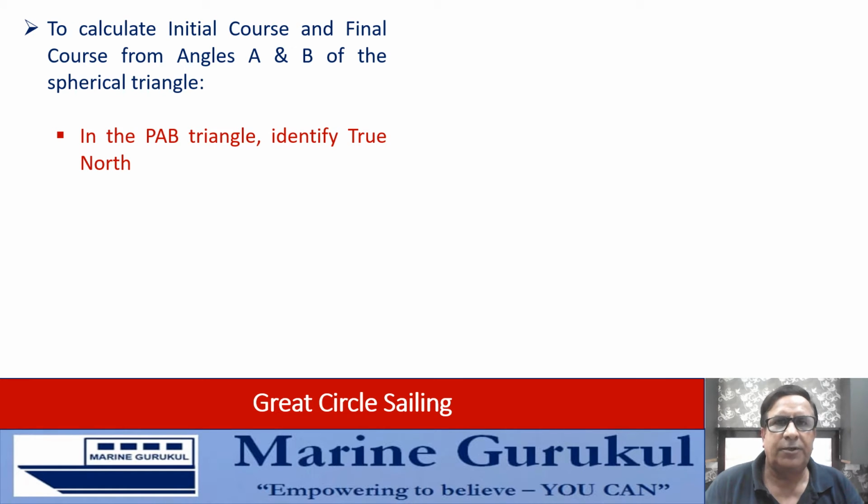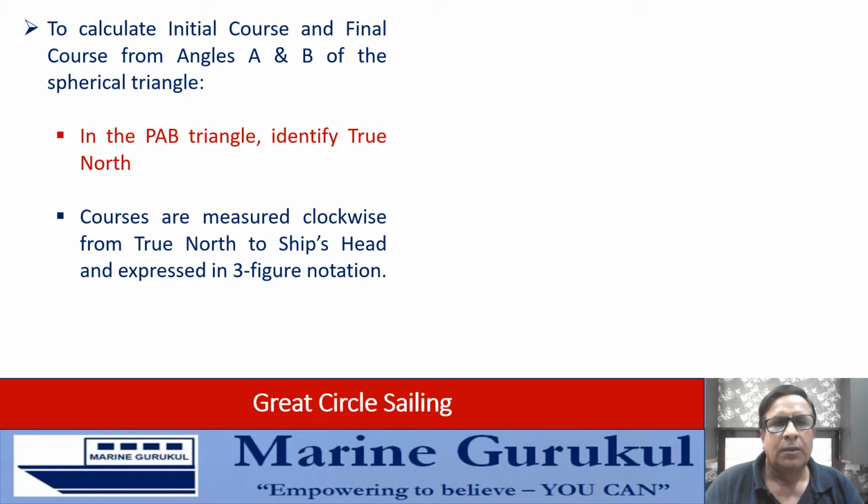First, in the PAB triangle, we shall identify the direction of north at A and north at B, which shall be the northward direction of the respective meridians of A and B. Then courses, we all know, are measured clockwise from true north up to the ship's head and expressed in three-figure notation. Let's take this example.